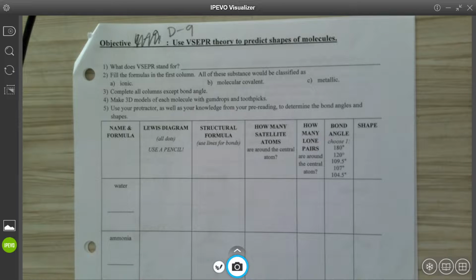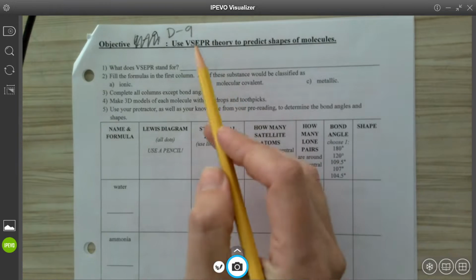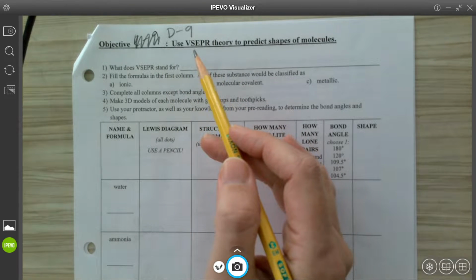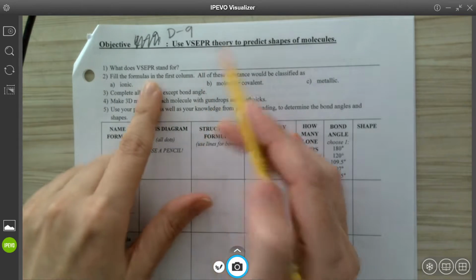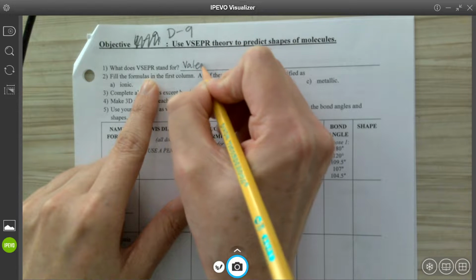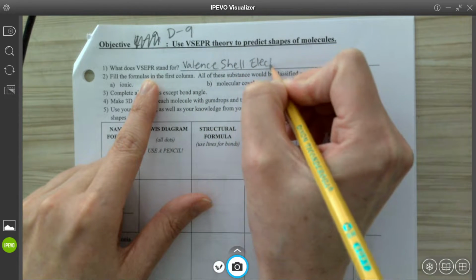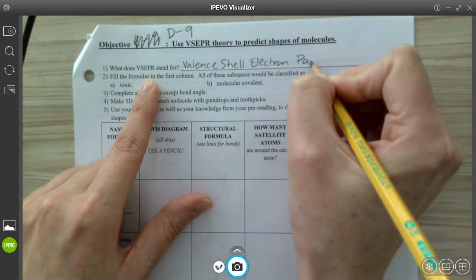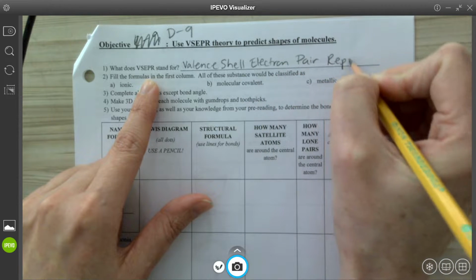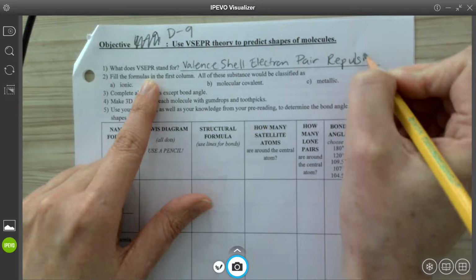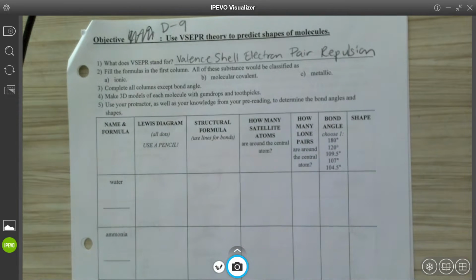So, the theory that underlies molecular shape is called VSEPR theory, okay? I know that doesn't exactly say VSEPR, but scientists just call it VSEPR. VSEPR stands for valence shell electron pair repulsion.